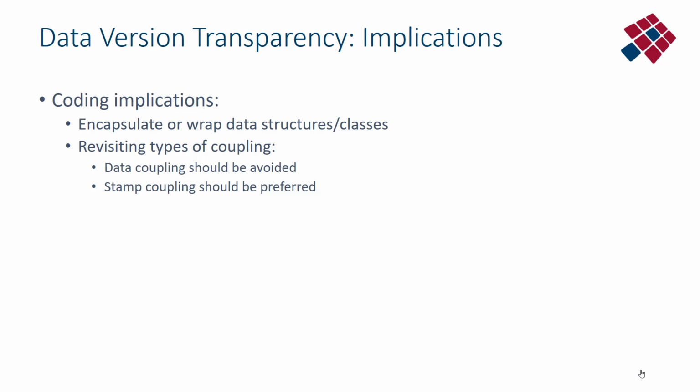Of course, there are some implications. You should properly encapsulate, wrap all your data structures and classes, and it is very interesting to see in the historic discussions between data coupling and stamp coupling, where there were always disagreements about what people should do, whether it's actually stamp coupling you should prefer and not data coupling. You should pass encapsulated references to data objects.